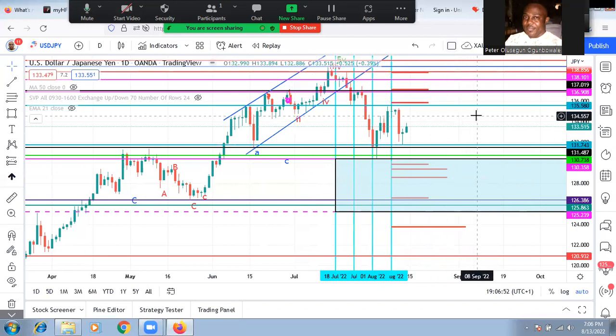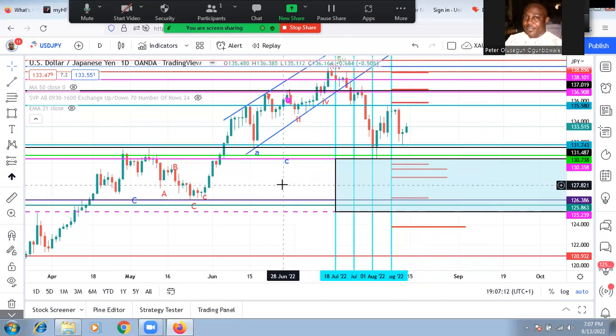That's what I'm saying. So that is the structure. And if it doesn't do that, I'll be surprised. It's not yet the end of DXY, it's yet to push up. We are not changing trend from here. The structure does not tell me that we are changing trend from here.